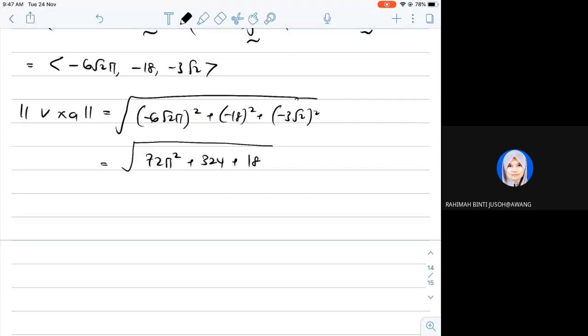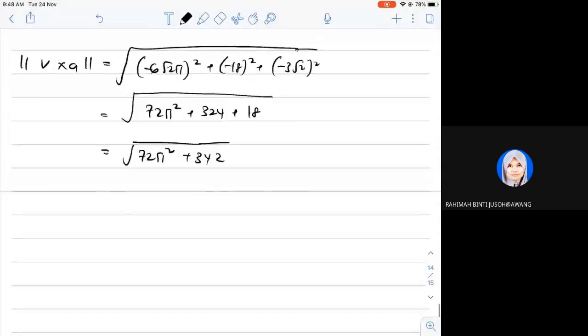Then we have the square root of 72 pi squared plus 342. That's the magnitude of V cross A.